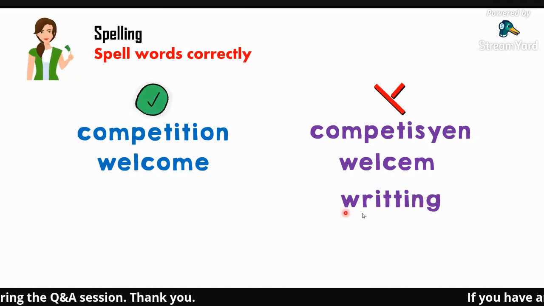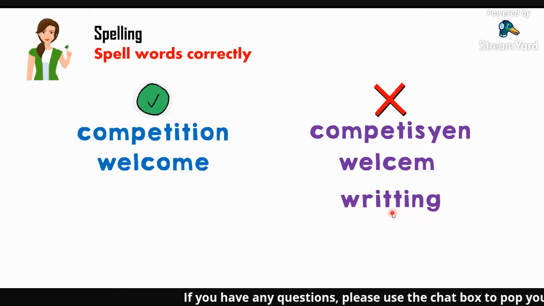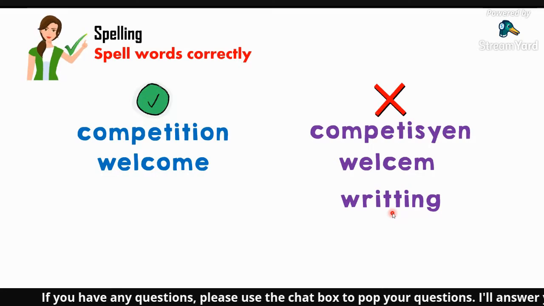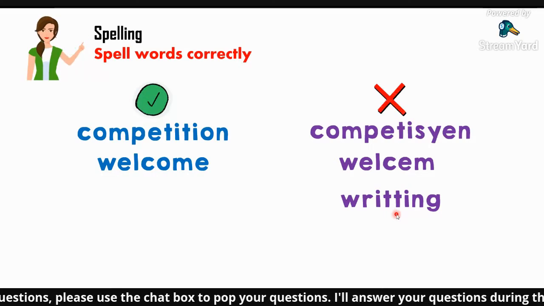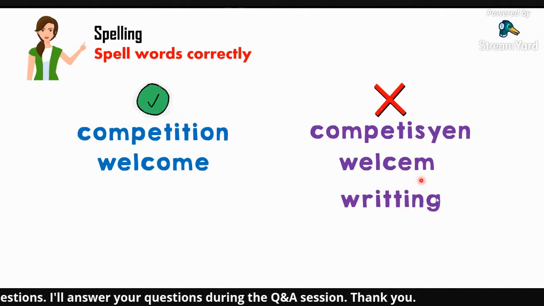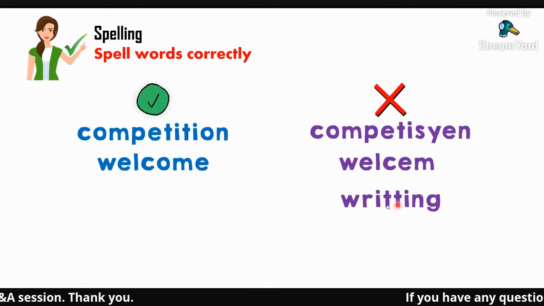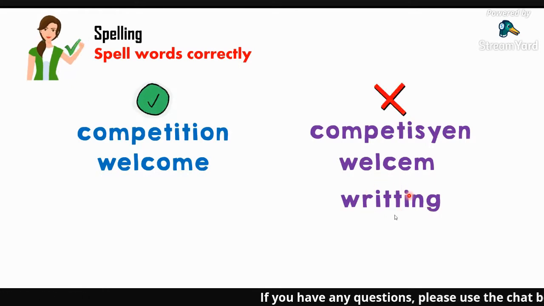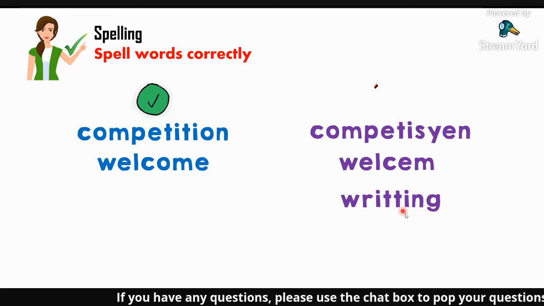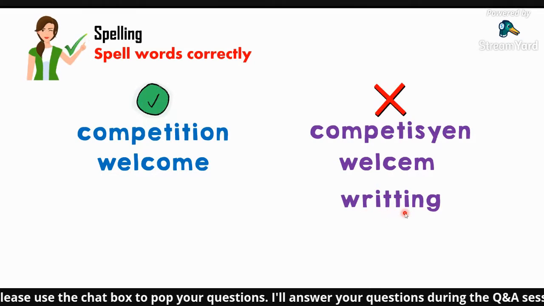This is the most common word that is being spelled wrongly in the English language. Writing, because when we pronounce the word writing, you always stress on the T. That's why many students tend to write double T over here.